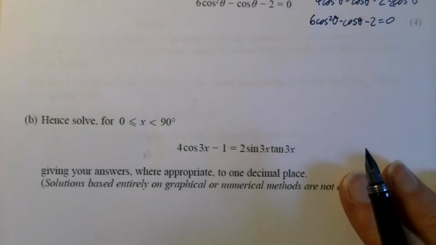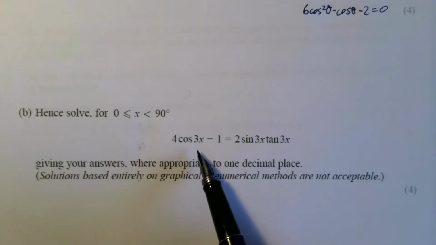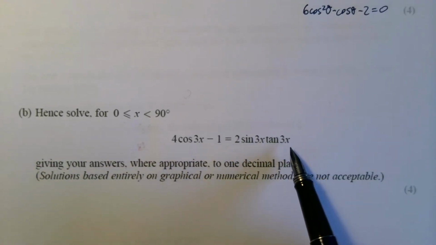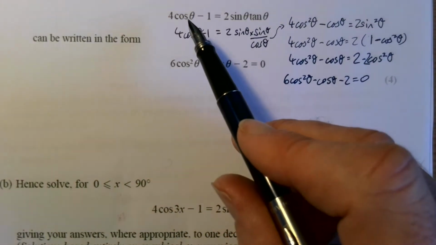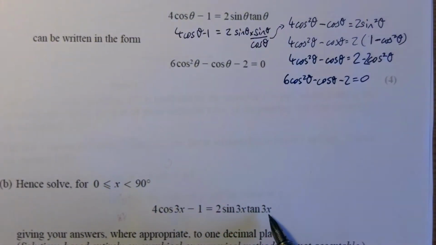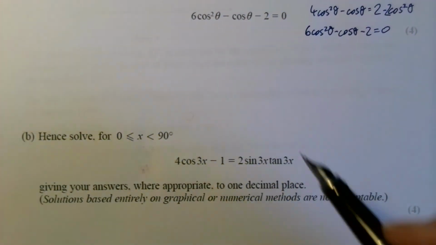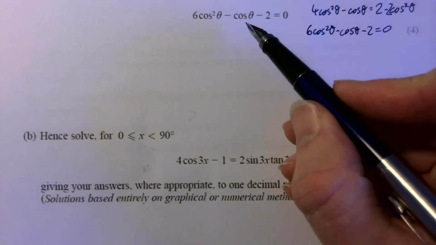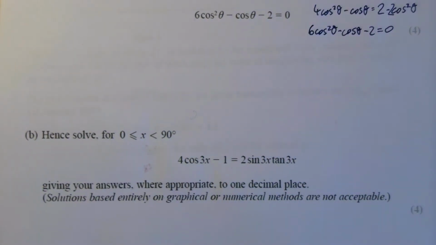Right, next up, hence solve this for that. Now if you look carefully at this, this is just the same thing as this, except that the angle is now 3x. So the idea is we need to use this because this will be easier.